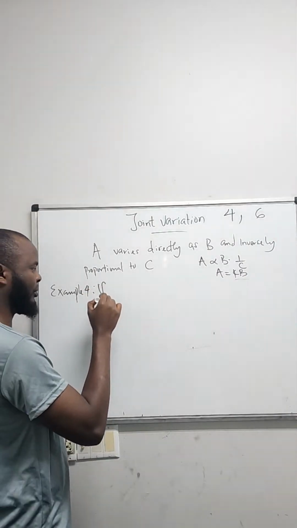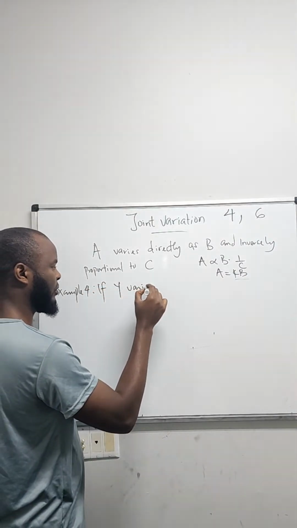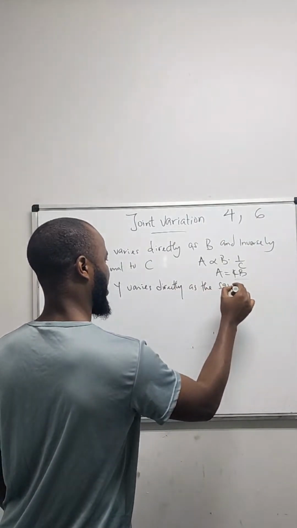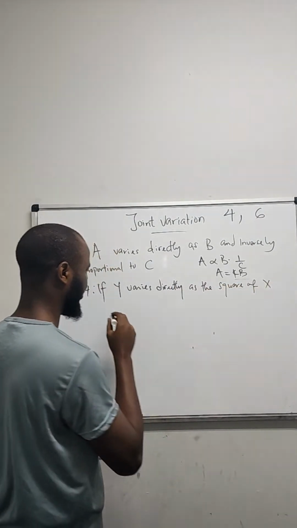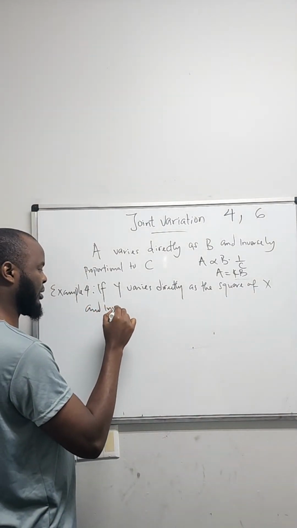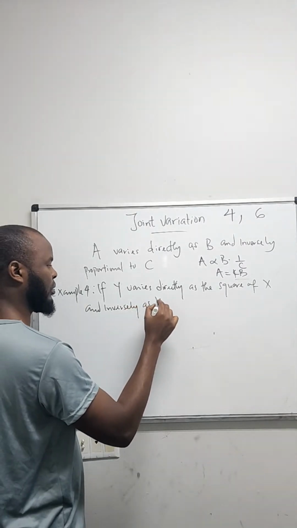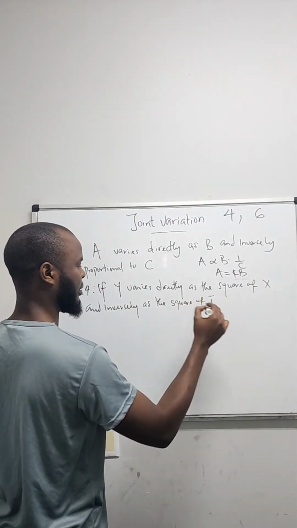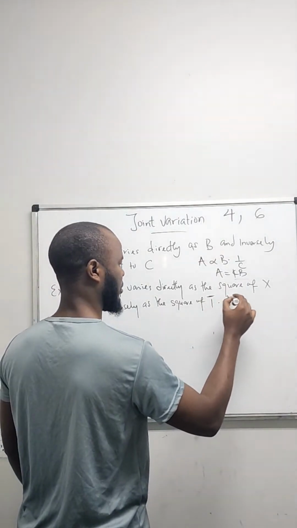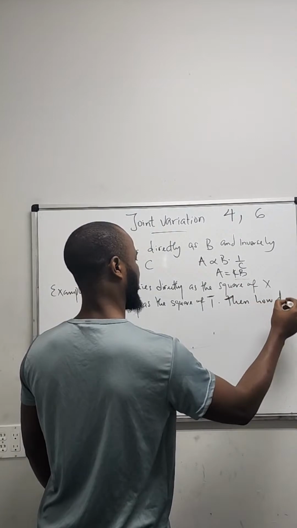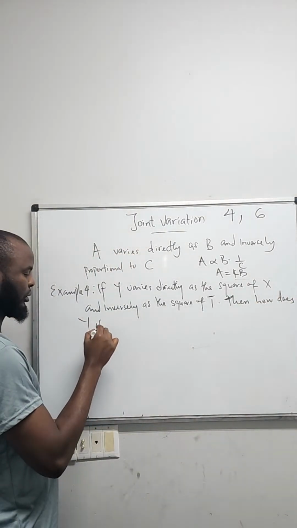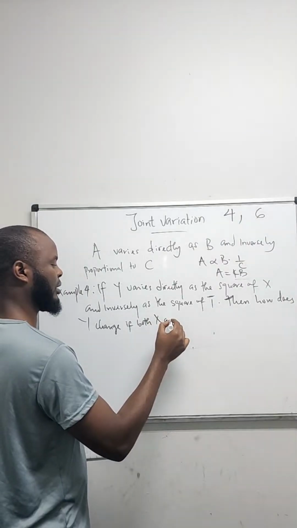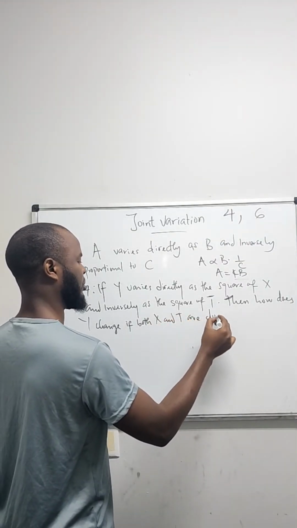Okay, read. If y varies directly as the square of x and inversely as the square of t, then how does y change if both x and t are doubled?